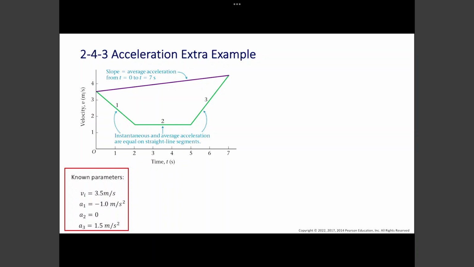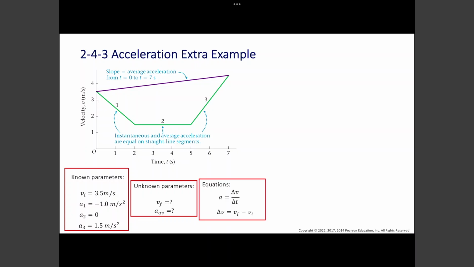What are the unknowns? We are asked to find the final velocity and the average acceleration. We know two equations: acceleration is delta v over delta t, and the change in velocity delta v is v final minus v initial. First, let's find the final velocity, Vf.